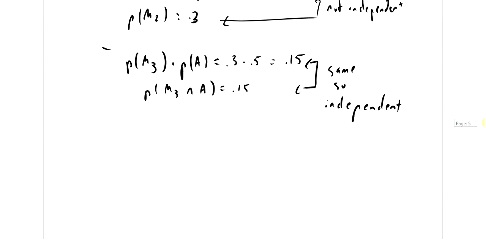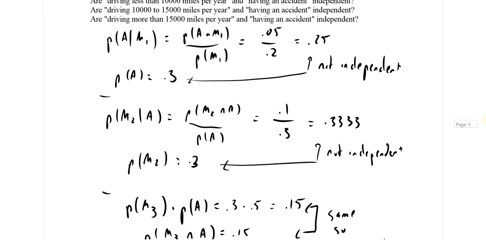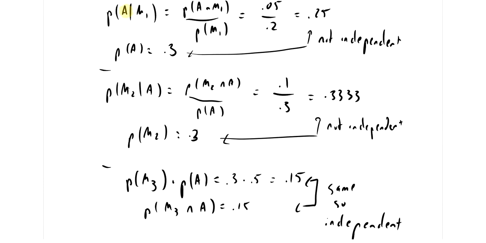Here it just means that the proportion of people who have accidents in the general population is the same as the proportion among people who drove more than 15,000 miles a year. Okay, so 3 ways to test independence, right? You can calculate A given M1 and then the probability of A, or M2 given A and the probability of M2, or the probability of the two events multiplied together, and look at the intersection.